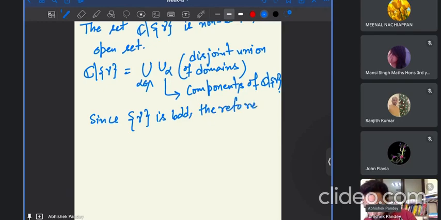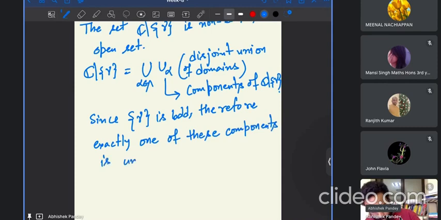Therefore exactly one of these components is unbounded. Okay, so this is fine. Let us look towards the assignment problem.